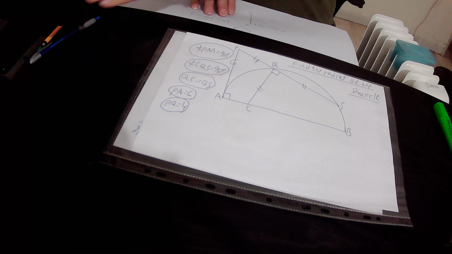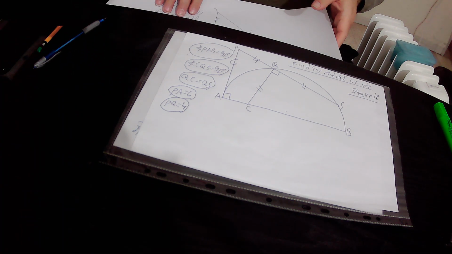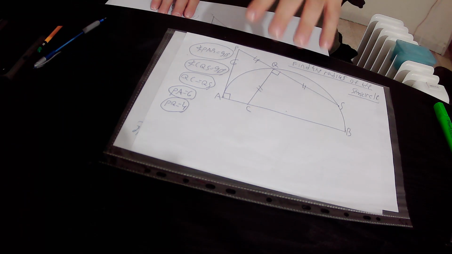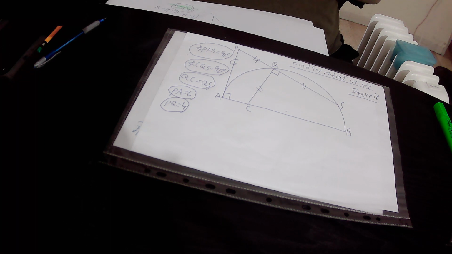In this lecture, I found out the radius of this semicircle. In the drawing, we have a semicircle.